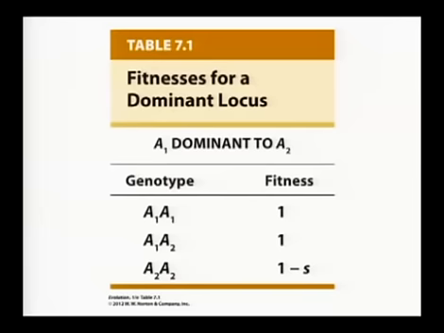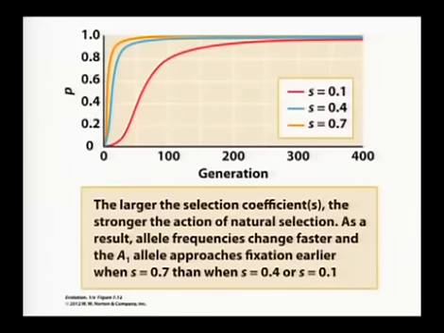So if A1 is dominant, that means that A1 looks and has exactly the same fitness as A1A2 heterozygotes. So let this be the case. If you let this be the case, and then you crank through the math, then this is what you find.